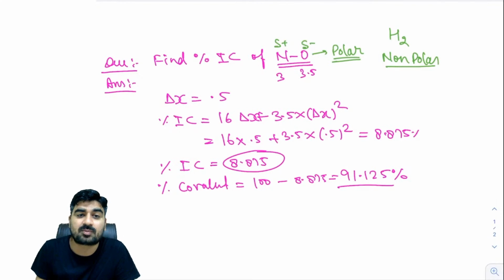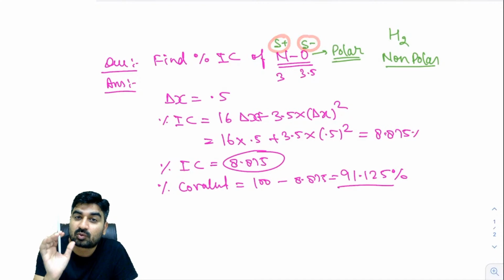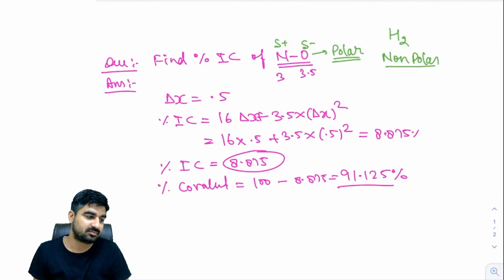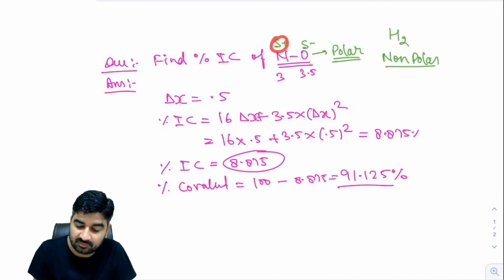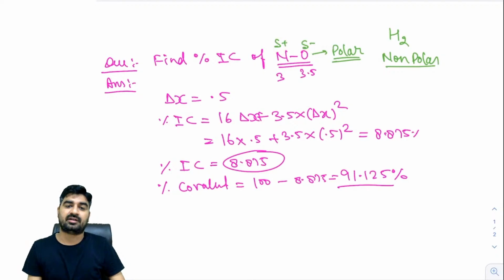Why is this compound polar? Because positive and negative, two poles are created. I hope you understand this point.